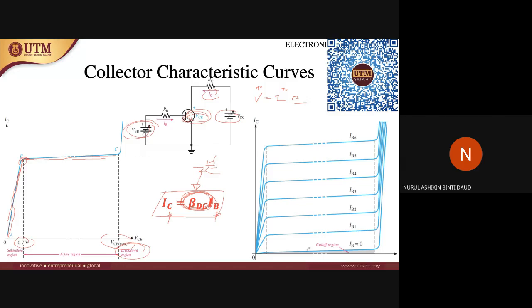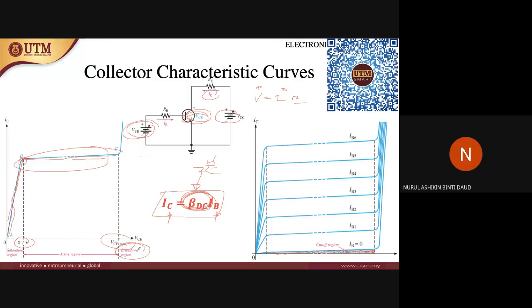So we look here. This graph gives more detail about this region when we increase IB. First of all, when IB is 0, the area under this graph is called the cut-off region. What does cut-off region mean? It means that the transistor will not work.